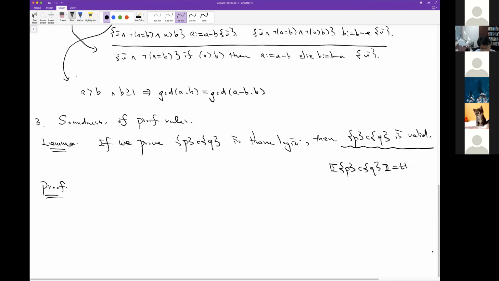Proving this lemma, or maybe theorem is a better word. Soundness theorems follow almost in all cases the same pattern. The pattern is that if all the proof rules are correct, then this is what's going to be proved in the soundness proof, the proof of this theorem.